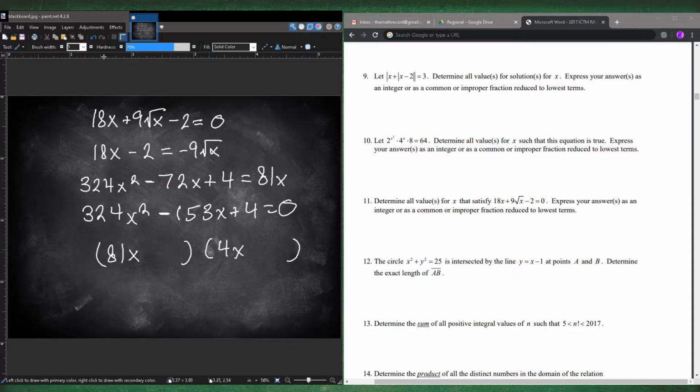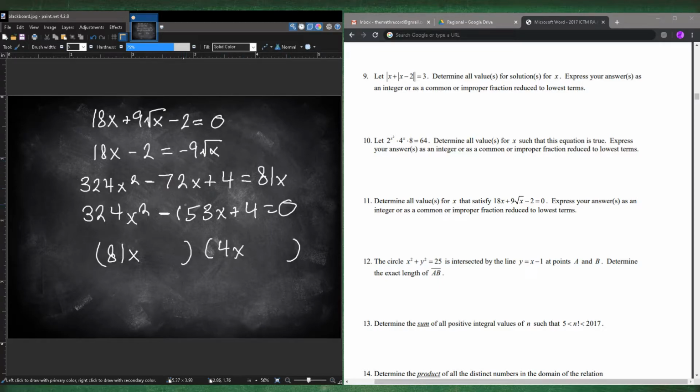Okay, so how do we do this? We have a plus 4, so maybe a minus 4 here. 324. Let me check if this math is right. 324 minus 36 minus 72, and then 81x, okay, plus 4.